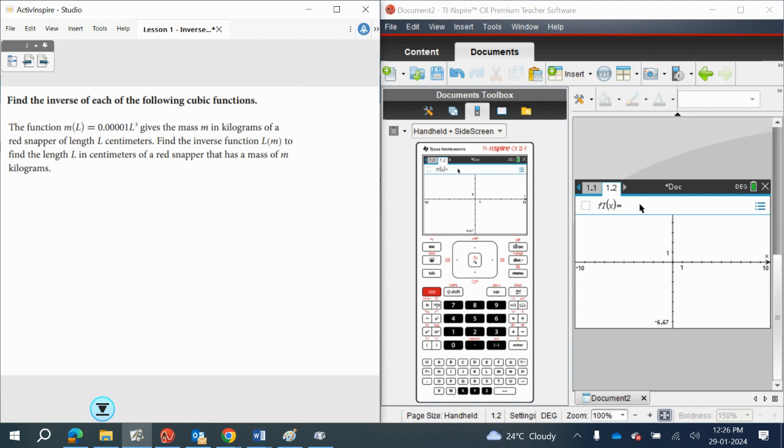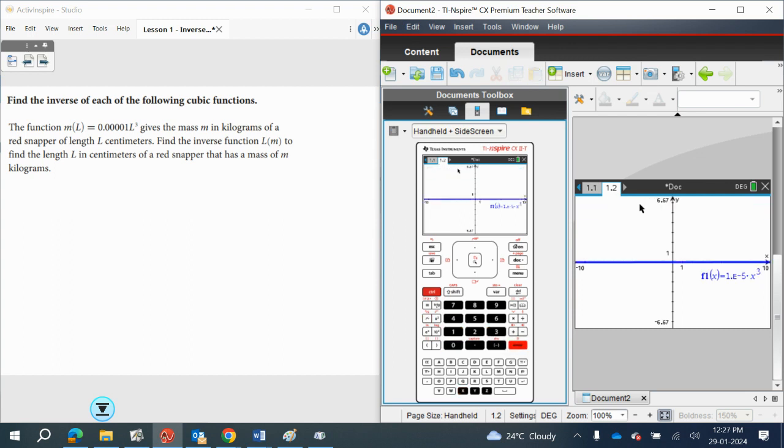Calculator's on, let's graph this. We need 0.0. How many zeros do we have? 1, 2, 3, 4. X to the power of 3. Is this a straight line? No, it just zoomed in too much. We need to adjust the y values because we're timesing by 1/100,000th.